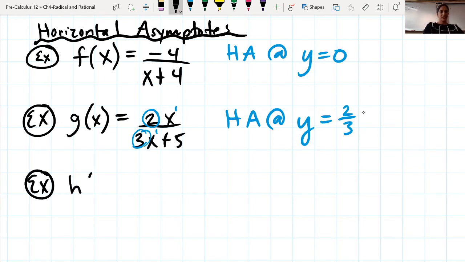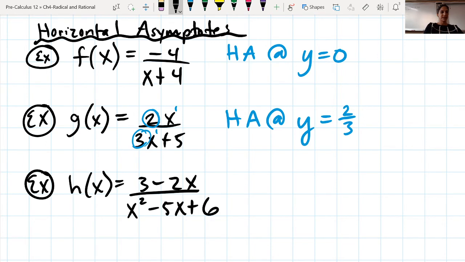Okay, so if instead I had h of x is 3 minus 2x over x squared minus 5x plus 6, if I want to get my horizontal asymptote here, let's analyze the degree of the top and the degree of the bottom. The degree of the top is x to the 1.